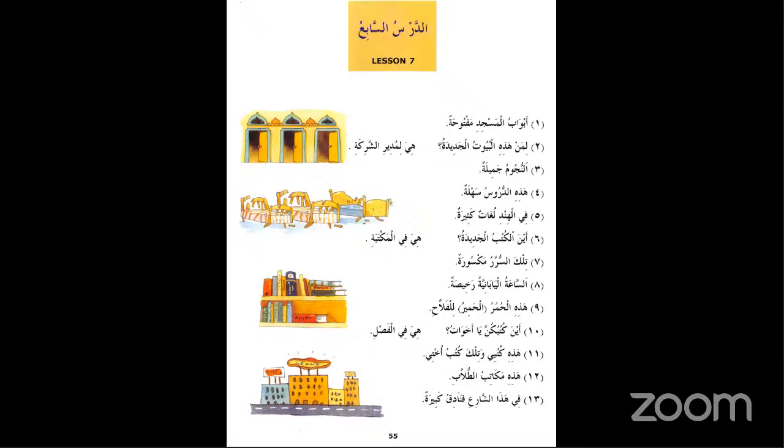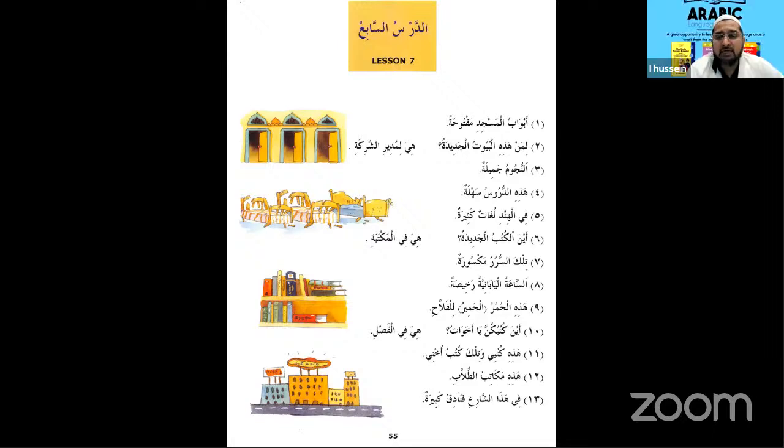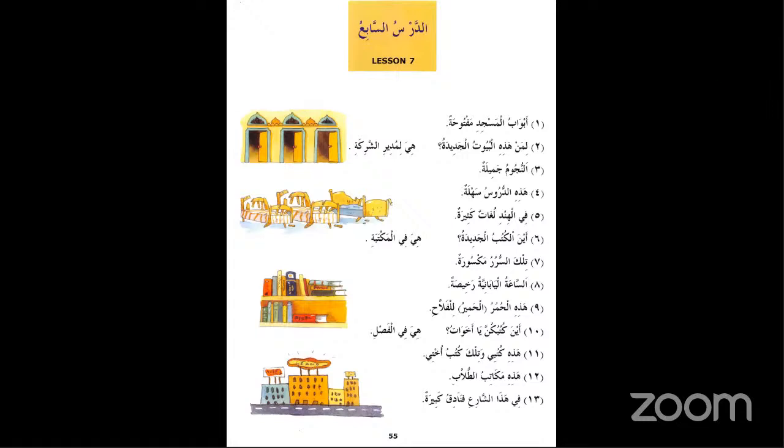It's the stars saying they are beautiful. And why is it jamilatun? Because of the plural. The stars is plural, so you will get the adjective also in the singular.